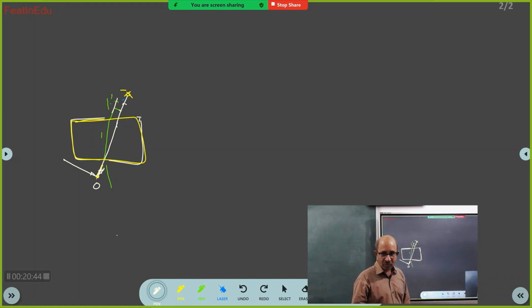When the object is being seen, it is because the light is falling on the object and reflected and entering your eyes.